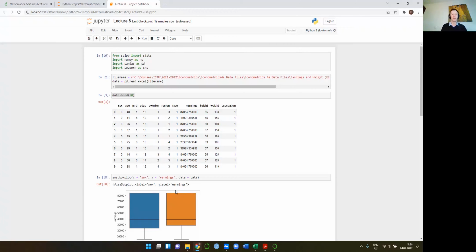Probably among males there are more, I don't know, people from the finance industry, and among females more from the construction industry, and that's why they have less salary. Or maybe those are older people. We are not discussing the reasons why these two samples are different.